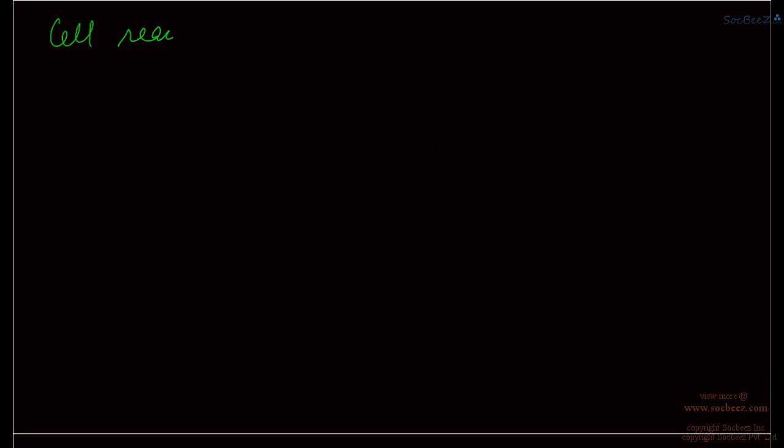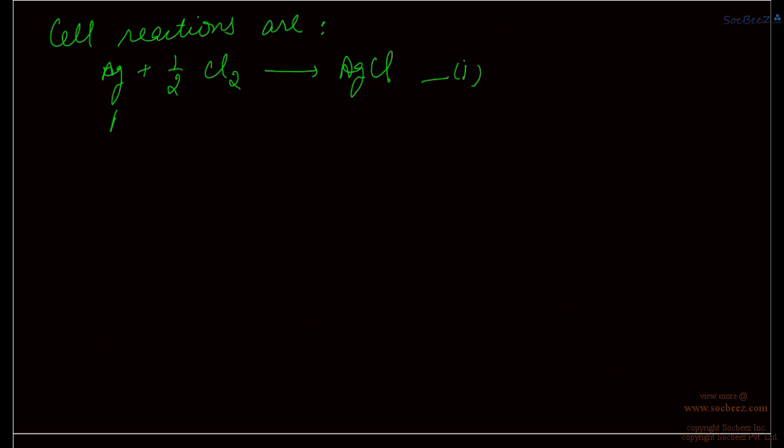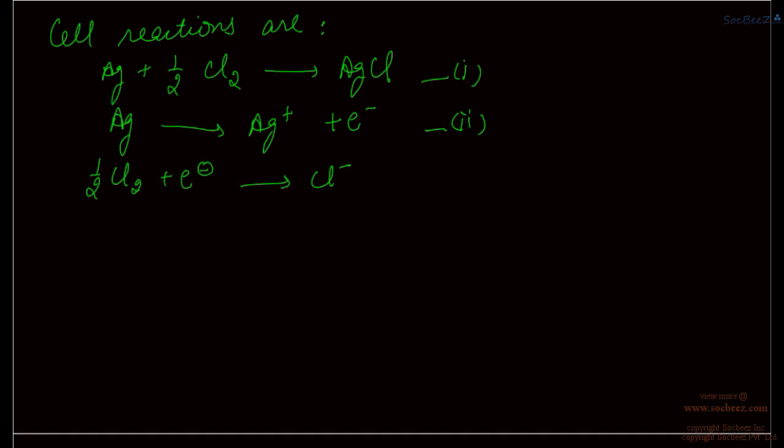Okay. So now the cell reactions in this case are: Ag plus half Cl2 giving us AgCl. This is the first reaction. Ag giving us Ag positive plus 1 electron liberated. This is the second reaction.